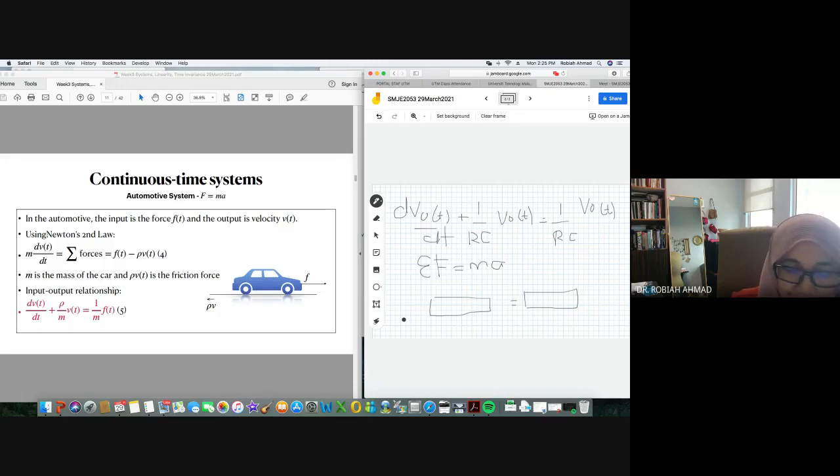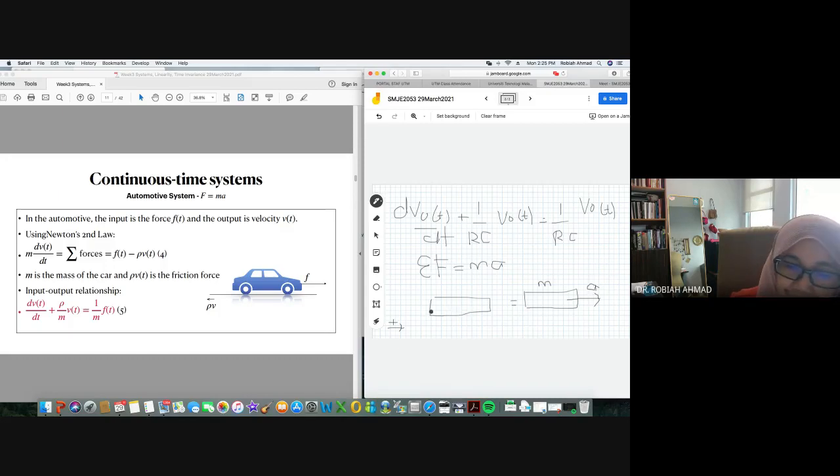For example, in this case, we only consider the forces on the x-axis, and the right hand side is the motion. In this example, this body has a mass of m, and it will move in this direction with acceleration of a.